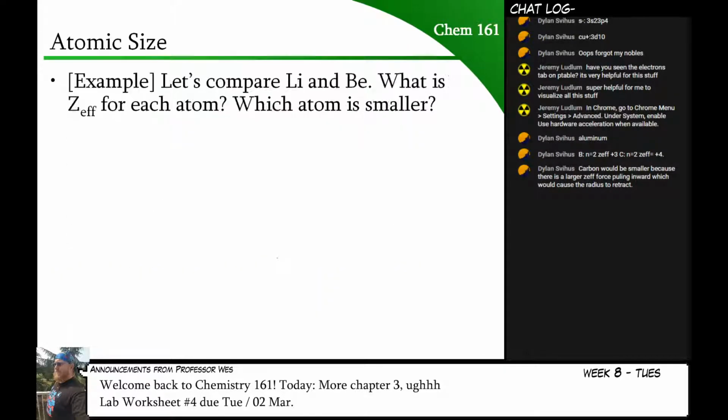Let's do the comparisons. So, these are our practice problems for atomic size. I'm going to compare lithium and beryllium. Write out each. Do a little chart like we've been doing here: n and then ZEffective. Fill in the little chart there, and then choose the smaller atom. And again, you can use the equation for this.